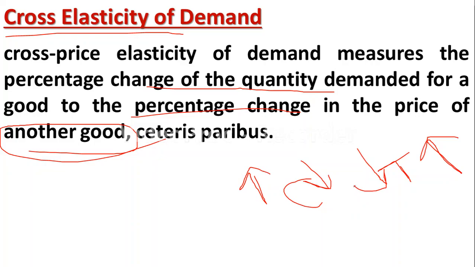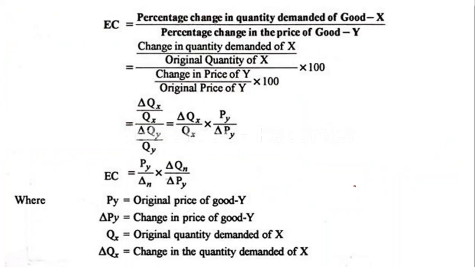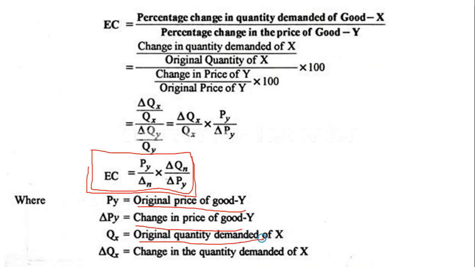So it is known as the cross elasticity of demand. So the formula is cross elasticity of demand is equal to Py divided by Qx multiplied by delta Qx divided by delta Py. So please remember this formula. Py means original price of good Y, delta Py is change in price of good Y, Qx is original quantity demanded of good X, delta Qx is change in the quantity demanded of good X.